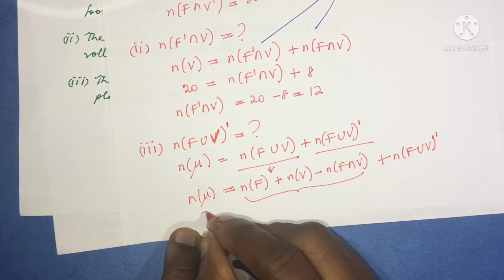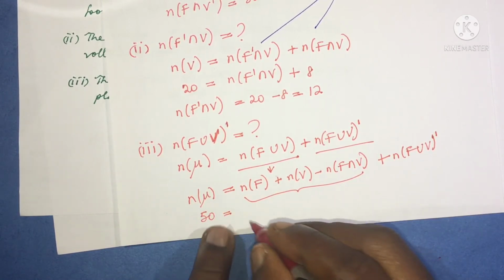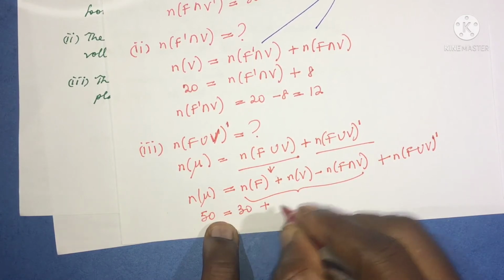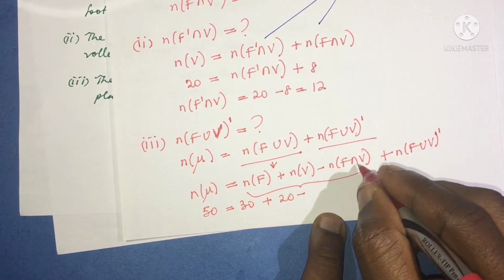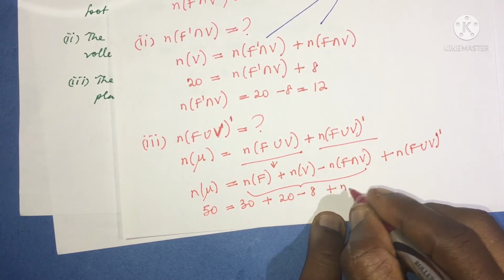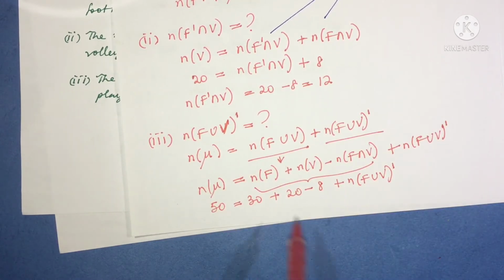Now, what were we given as the universal set number? 50. What were we given as n(F)? We were given 30. What were we given as n(V)? We were given 20. What were we given as the intersection of both? We were given 8. Now, we want to find this all complement. Now, 30 plus 20 will give you 50. 50 minus 8 will give you 42.